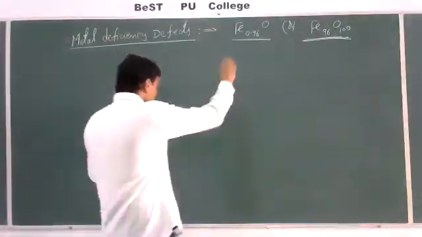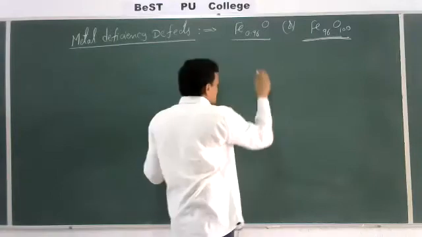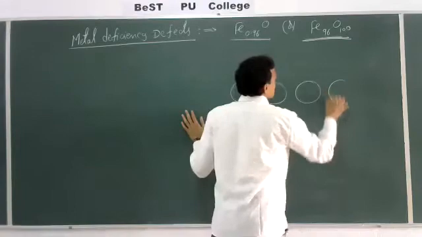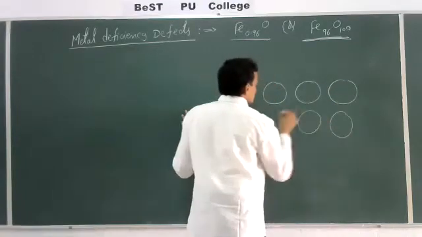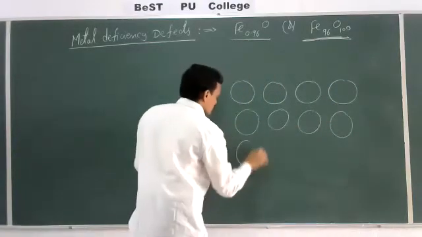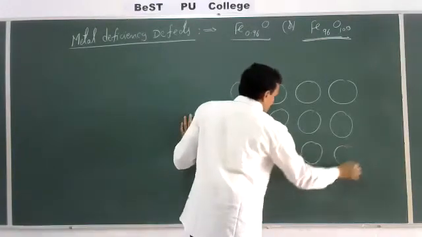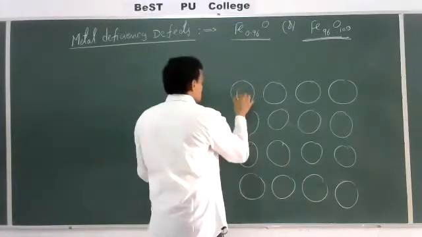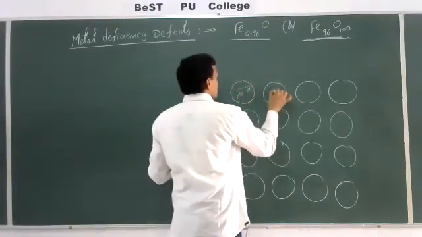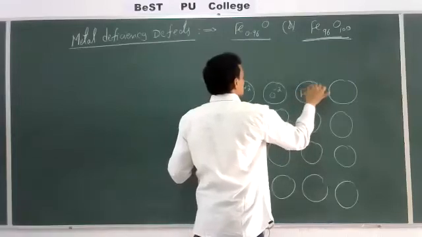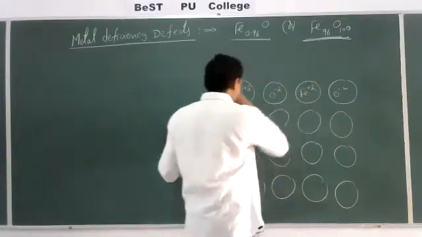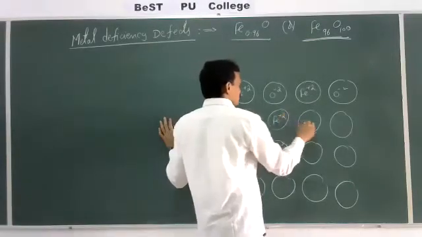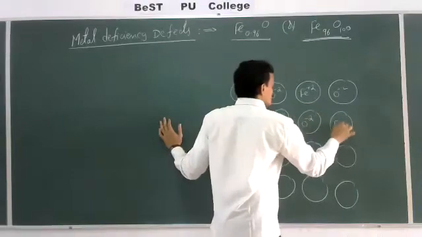Let us see the lattice of iron oxide. In iron oxide, Fe plus 2 and O minus 2 ions are present, in alternating positions: Fe plus 2, O minus 2, Fe plus 2, O minus 2, and so on.